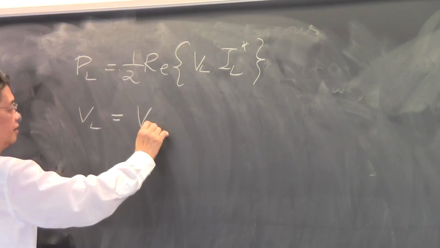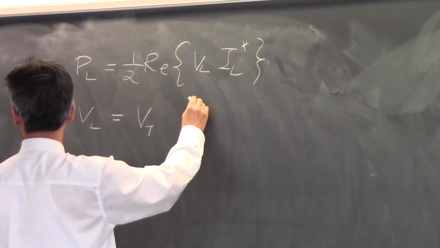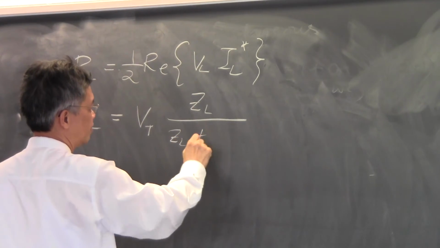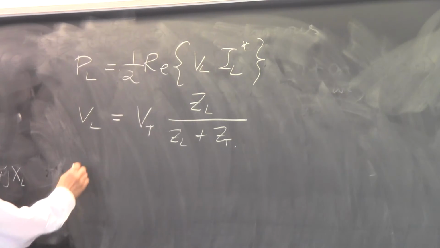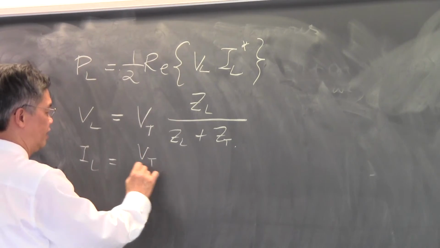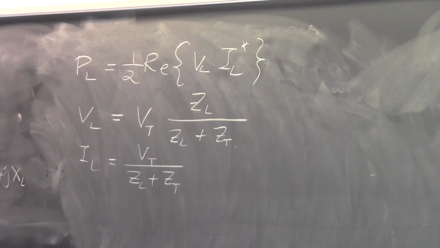VL is VT times this thing divided by the total, so it is given by ZL over ZL plus ZT. I have just used the voltage divider formula there, okay? And then how do I find IL? What is IL? VT divided by the total impedance of the circuit. Okay? So you can plug that in now.